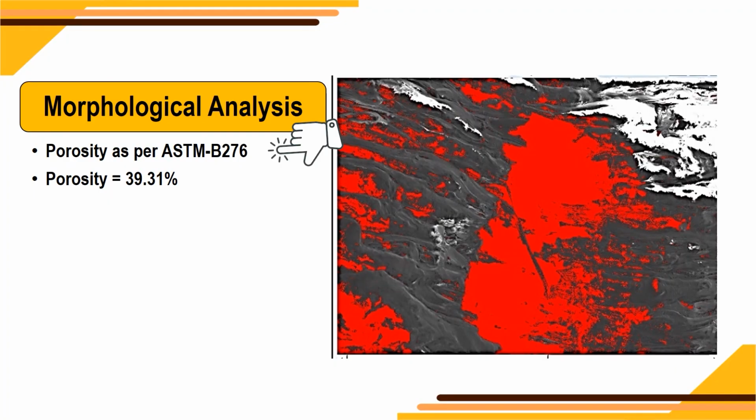Similarly, when I am using the B276 code, as you can see in this screen, this is basically using data which is specifically developed for cemented carbide. But I am using this code for the polymer. The idea is the porous part, right, which I am capturing through an image analyzing software.